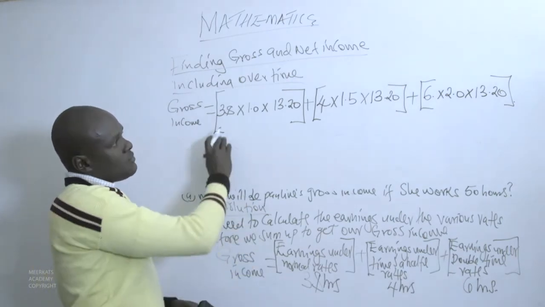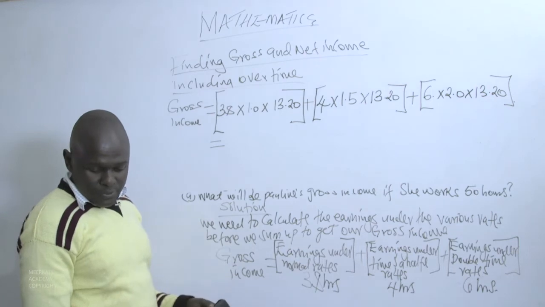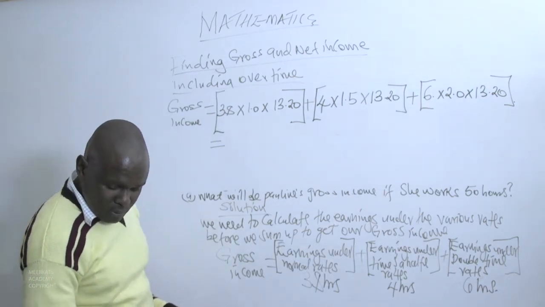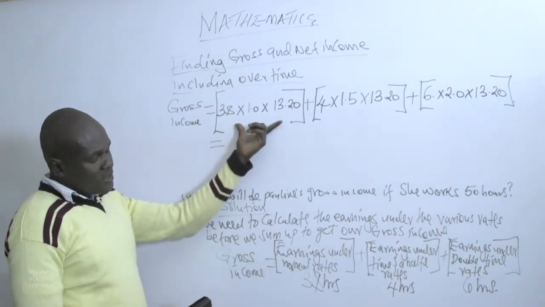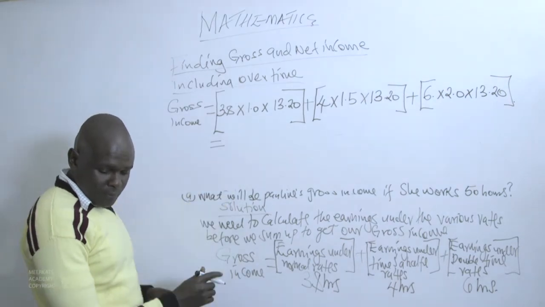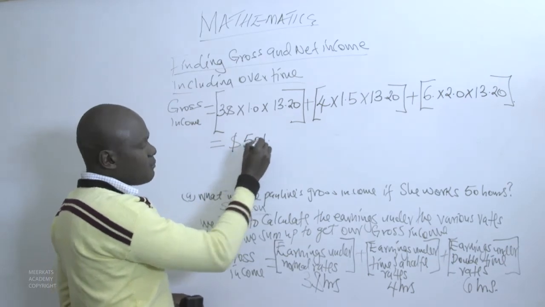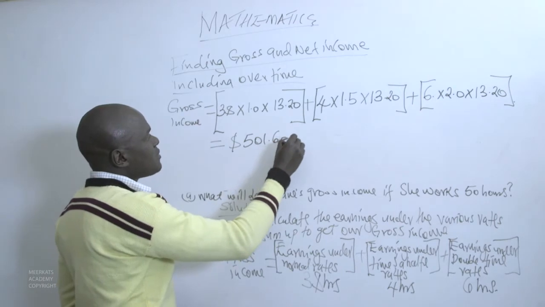So this sum will give us her gross income. When we do this, from the first bracket, we will get $501.60.